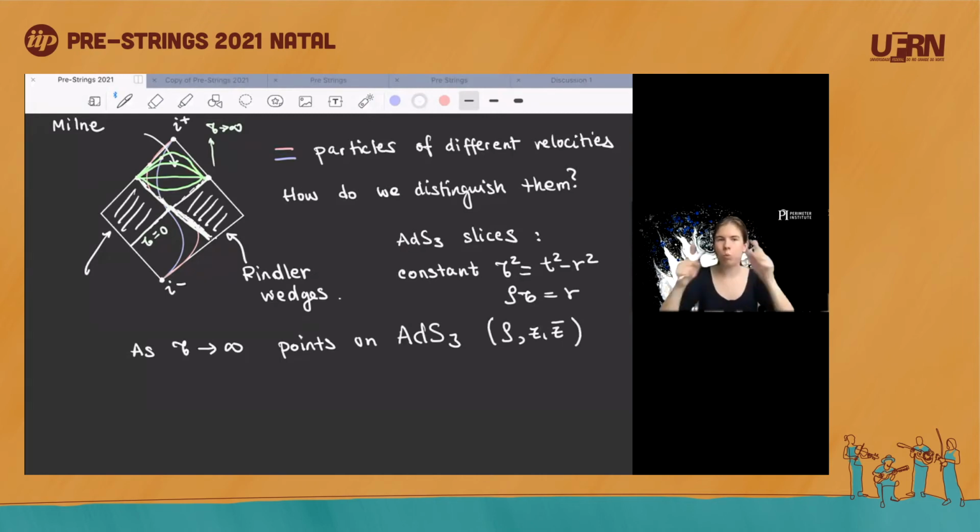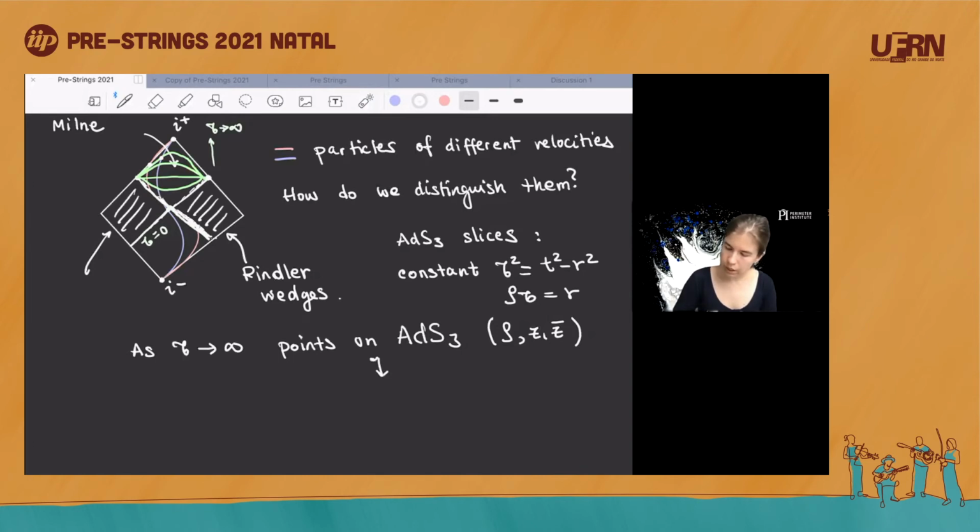So each point on these AdS3 slices, in particular on the slice at tau goes to infinity, is pierced by some massive particle of a different velocity. So this AdS3 slicing provides a way to resolve what's going on near Scri plus.